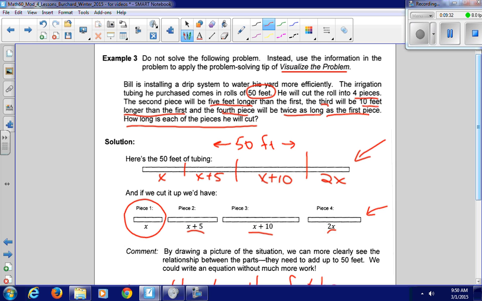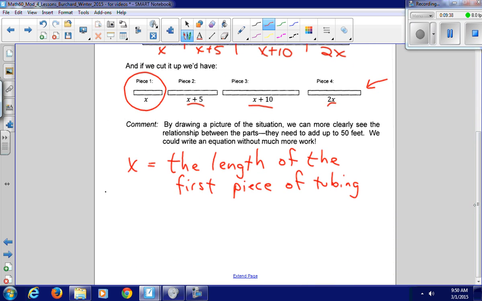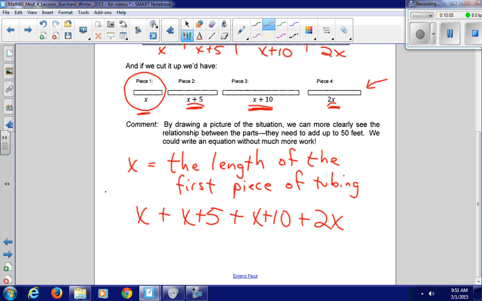So now when we know that we know they all total up to 50 feet, then I just do my x plus, so that's that piece, this piece here, plus my x plus 5, plus x plus 10, that's the third piece, plus 2x, which was the fourth piece, and all together they make up that whole 50-foot piece.